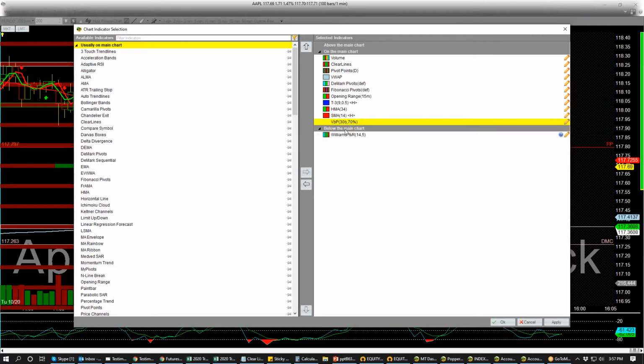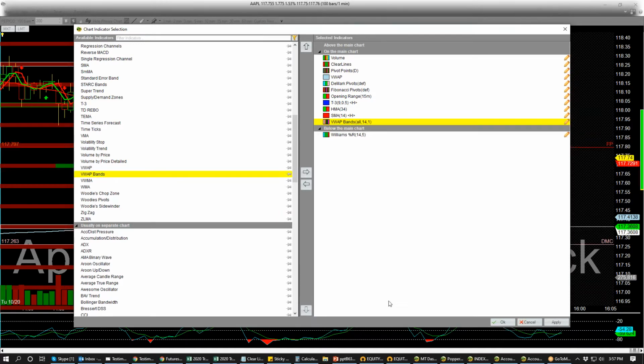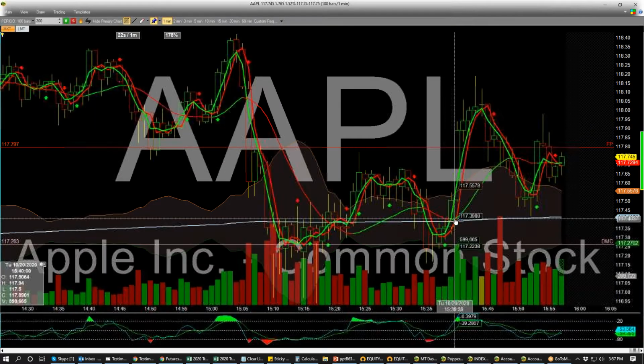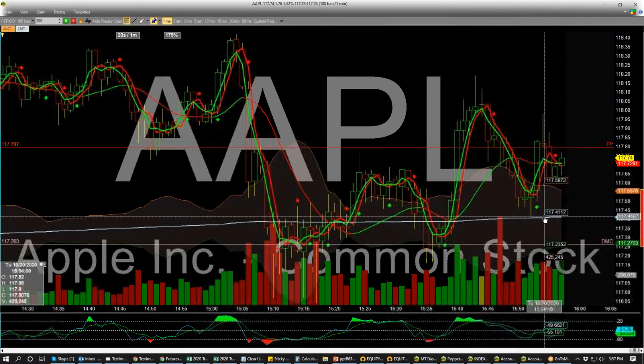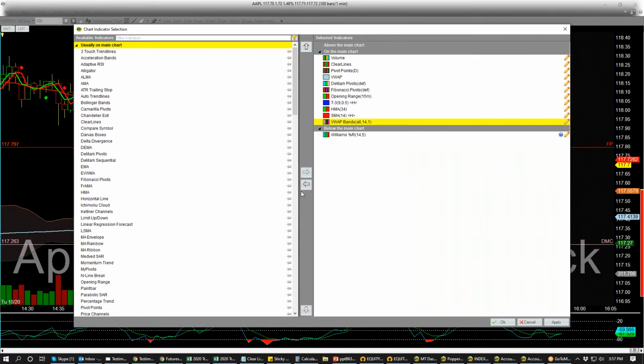I think Stephen has used that one. And of course, we use VWAP, and then you can add VWAP bands, which kind of surround volume weighted average price. I looked at it for a day and didn't really care for it. I'm not going to use the VWAP bands.